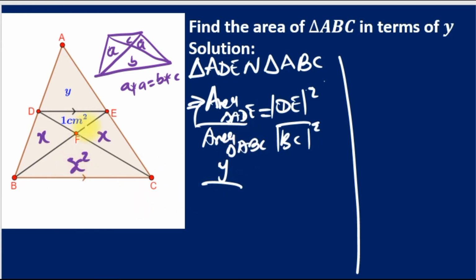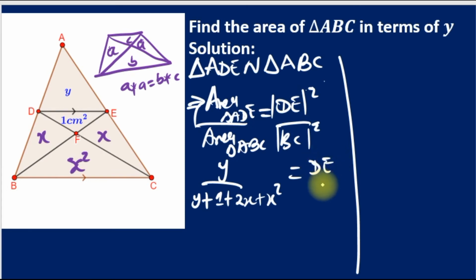y plus 1 plus 2x plus x squared. You add all the areas: y, 1, x, x, and x squared. Okay, let's make DE the subject of the formula.